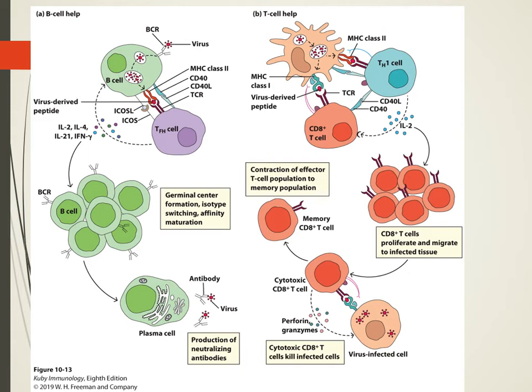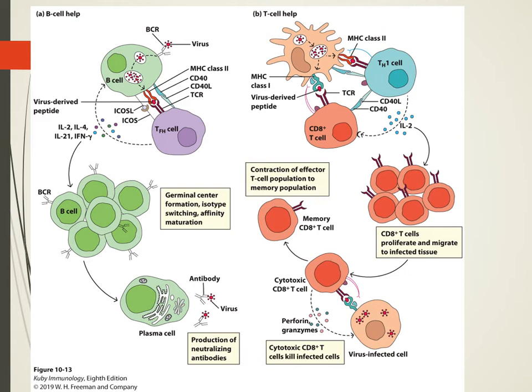So you can see how that CD8 T cell is interacting also with that APC, and so we have presentation of these antigens to both of these cell types, but then we have stabilization between the CD40 ligand, and so that's going to help that CD8 T cell become activated. We also have cytokines that are being produced, and so that would also assist in the activation so that the CD8 T cells will proliferate.